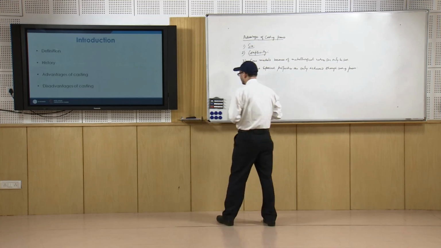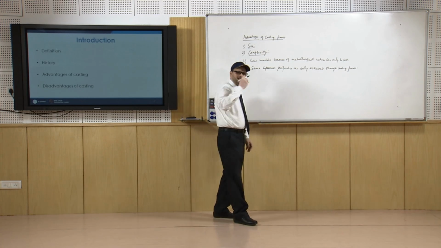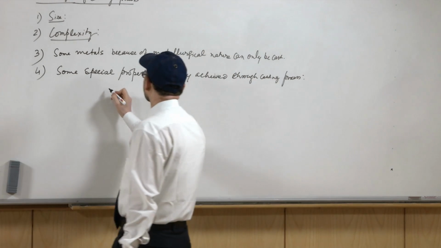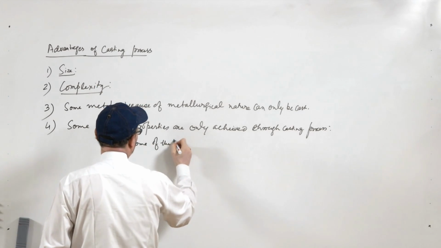The other properties we look at may be the toughness of the materials; some of the light metals and alloys can only be cast.